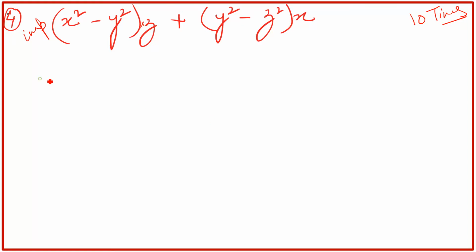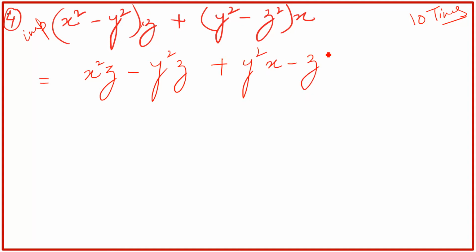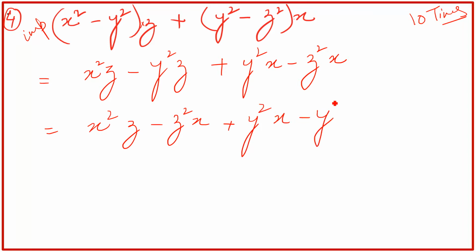So we will multiply this: x square z minus y square z here, plus y square x minus z square x. Now we will arrange this: x square z minus z square x minus y square z. See, we arranged it. This is x square z and this is z square x. So we made this set and this set.